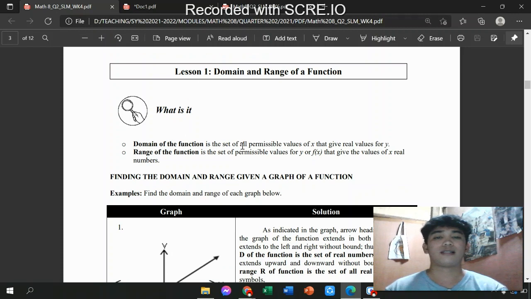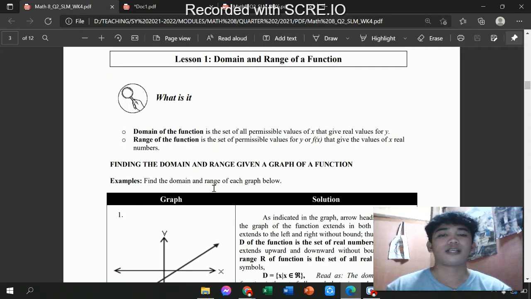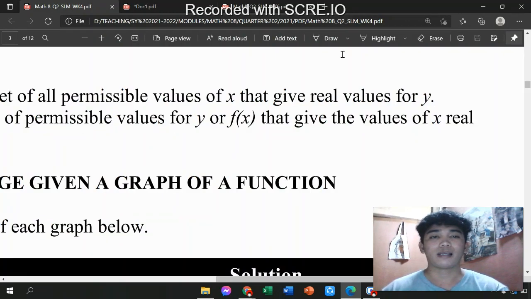Domain of the function is the set of all permissible values of x that give real values for y. In short, all the values that we can substitute for x to get the value of y, those are called the domain of the function. And for the range, it is the set of permissible values for y or f of x. Take note, class, that if you see f of x, that is just the same as y.